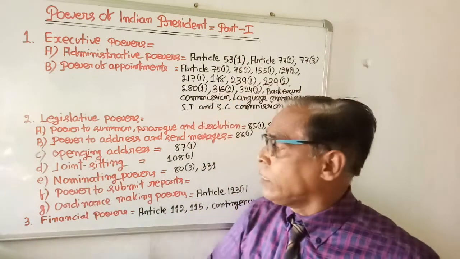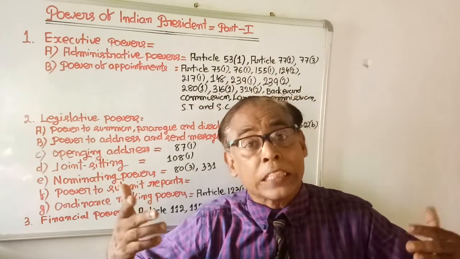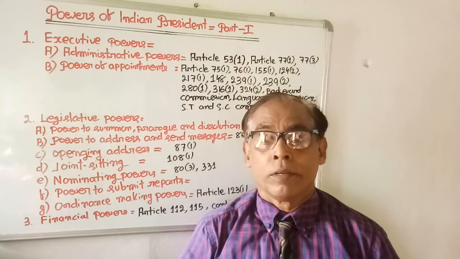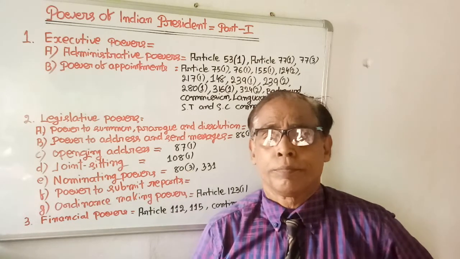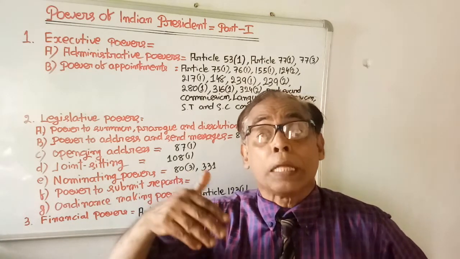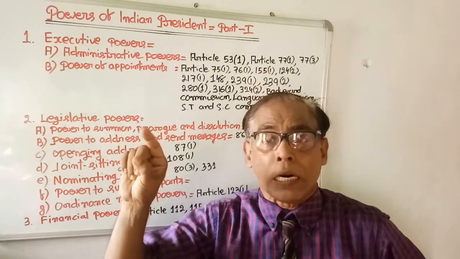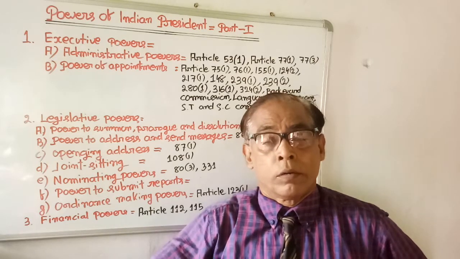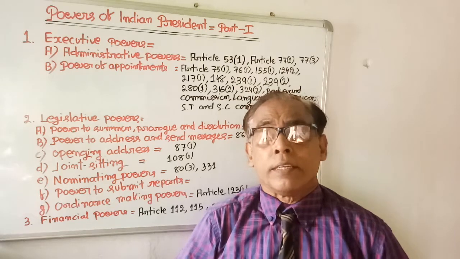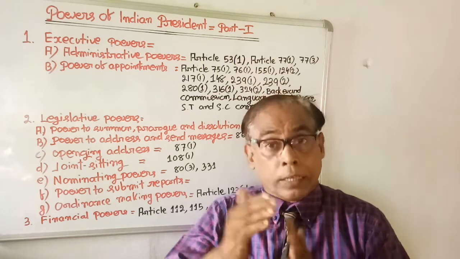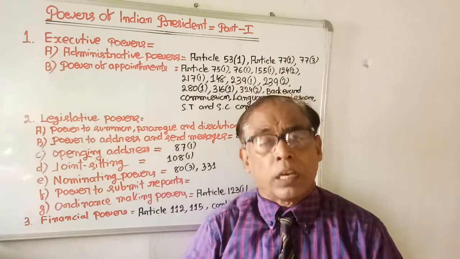And the fourth one is the power of nomination. The President has some nominating power. So whom does he nominate? Under Article 80 Clause 3, the President has the power to nominate 12 members to the Rajya Sabha among the persons who have knowledge in science, art, culture, and who have done some social service.